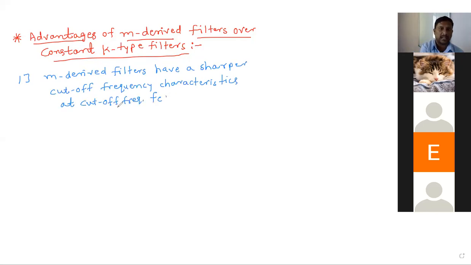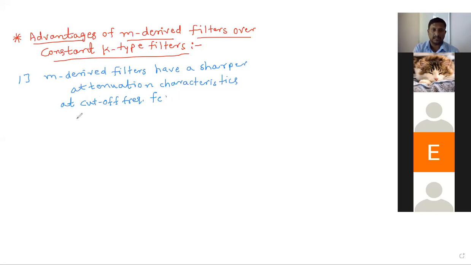So actually, this word is sharper attenuation characteristics, we can call it. M derived filters have sharper attenuation characteristics at cutoff frequency FC.